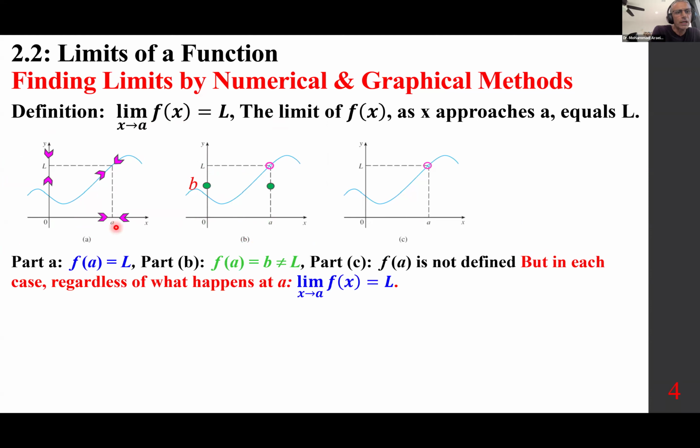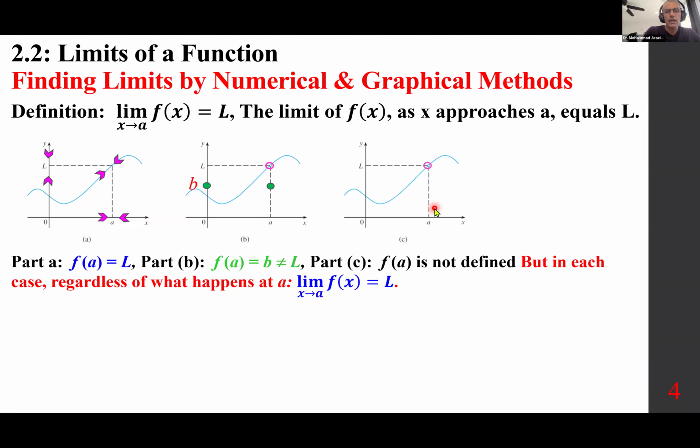In this one, f of a is also L, which in essence means the function is continuous at x equals a. In this one, notice we have a solid point. So f of a is the y coordinate of a solid point, which is b, but it's not equal to L. Because they are not equal, it makes it discontinuous.